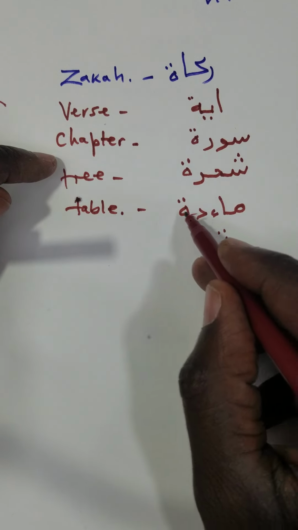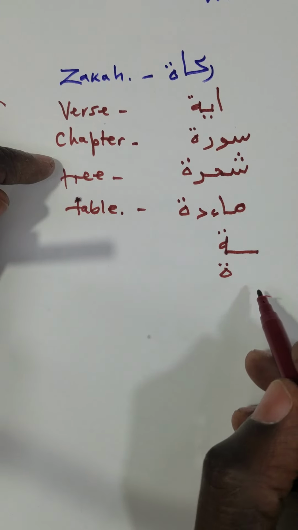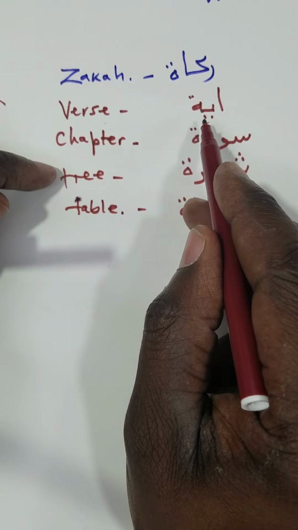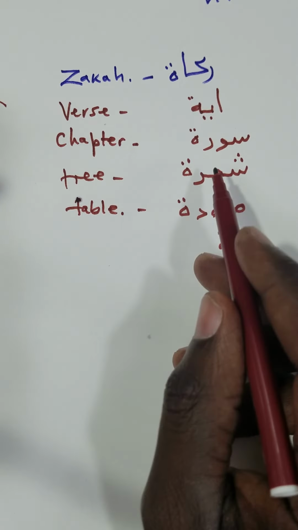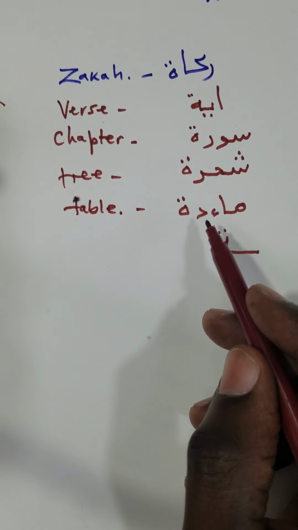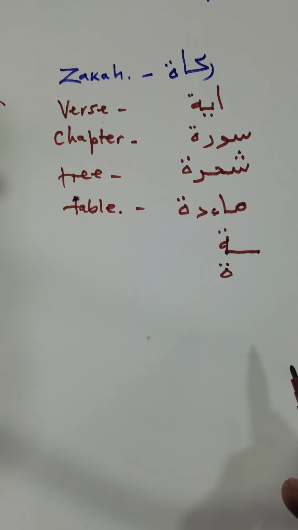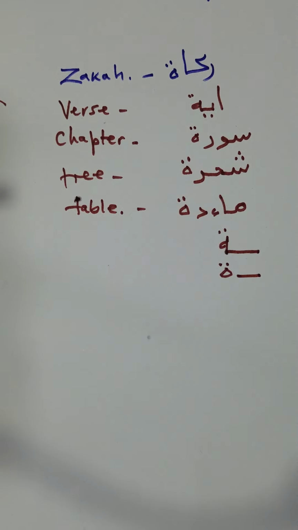If you cannot join it, like you see here, the ta marbuta will appear as this. But if the letter is joinable, like here you see ya can be joined, it appeared like this. But because ra or dal cannot be joined, that's why it appeared like this. Now these are basics and they're pretty simple. You can easily understand them as you refer to the first lessons. So that's it.